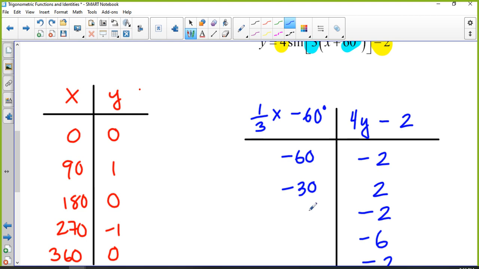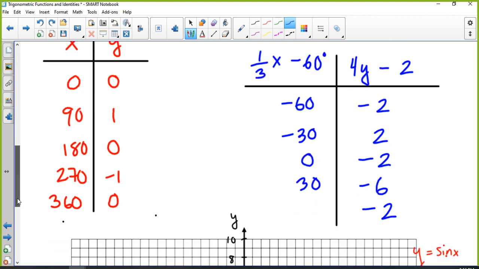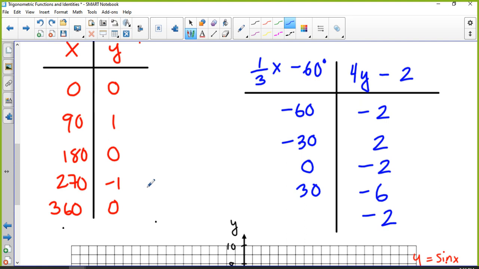And 60 minus 60 is 0. 1/3 times 270 is 90. 90 minus 60 is 30. And then finally, 1/3 times 360 is 120. And 120 minus 60 gives us 60 degrees.